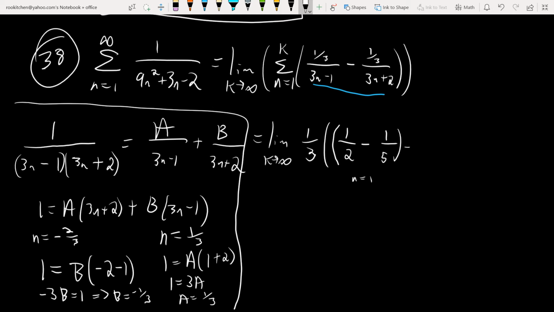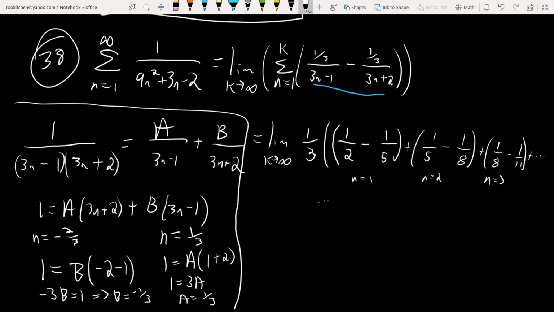Okay, and then plus, now I plug in n is 2, so 6 minus 1 is 5, minus 1 all over 6, 7, 8. Okay, and then plus, try n is 3. In this case, we get 1 all over 8 minus 1 all over 11. Okay, and then on and on and on.